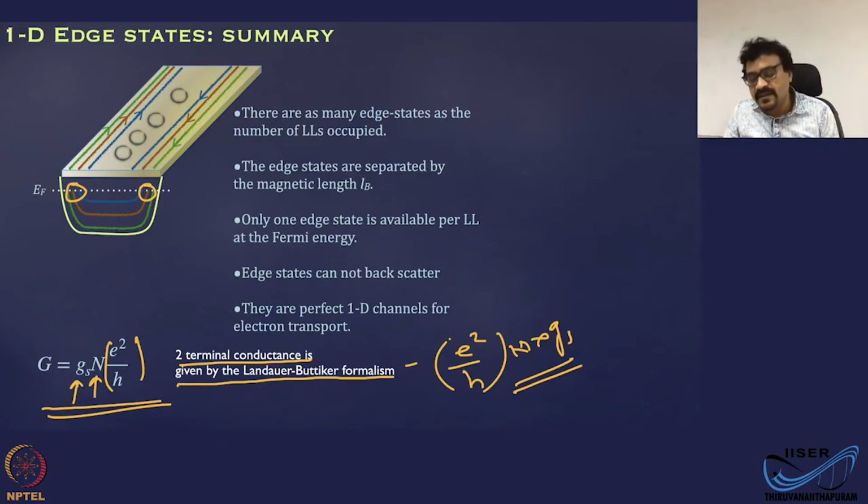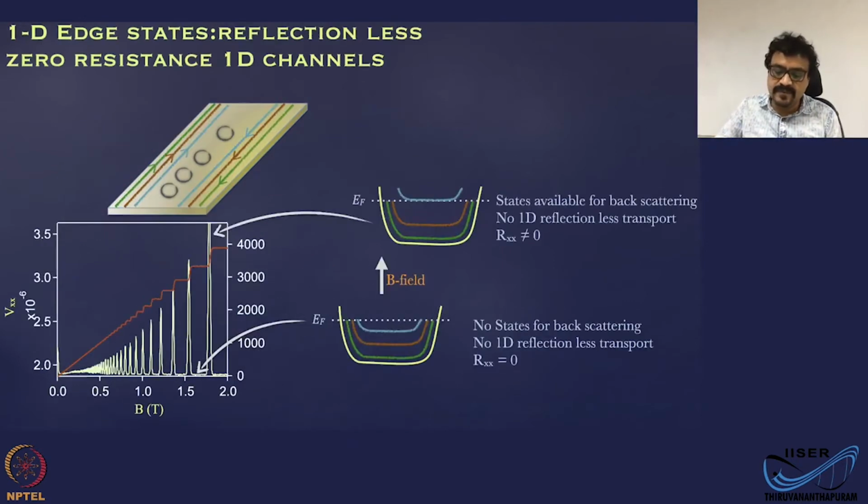Now let's try to figure out what the current through the system is, in what direction, what it depends on, and what conductance and resistance you are going to measure when you have a two-dimensional system under a quantizing magnetic field, in the quantum Hall regime.